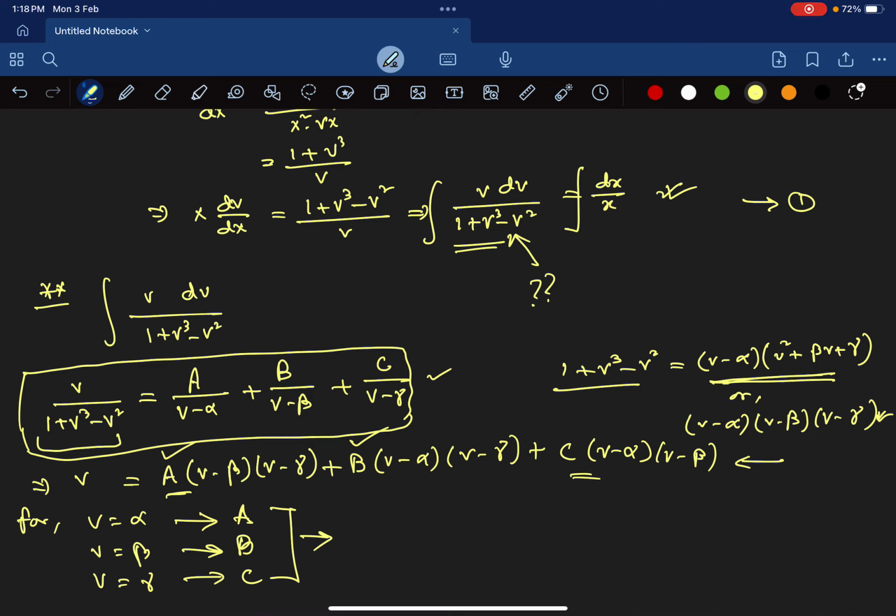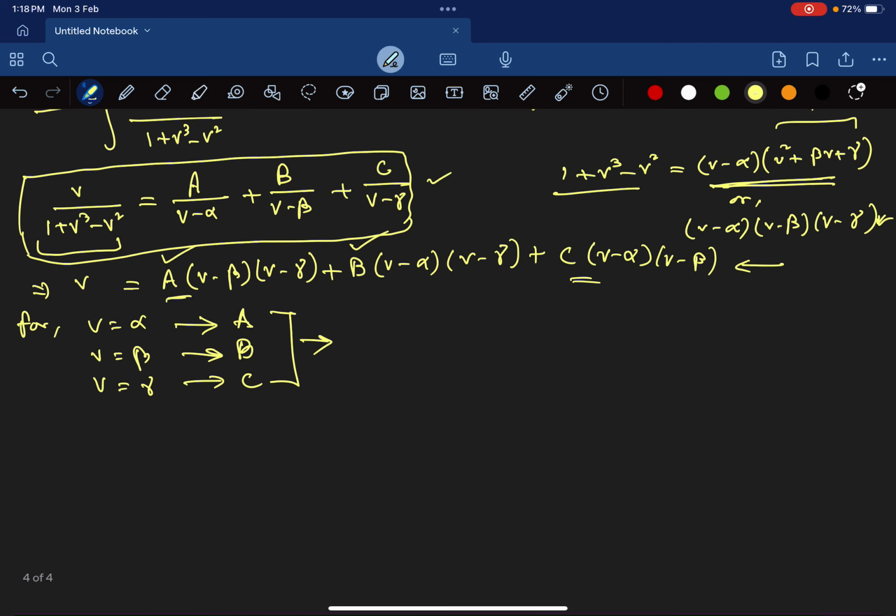Suppose this second part does not get factorized, a quadratic form. In this case, you need to take v by 1 plus v cube minus v square equal to a by v minus alpha plus, here, v b plus c divided by that form, v square plus beta v plus gamma.